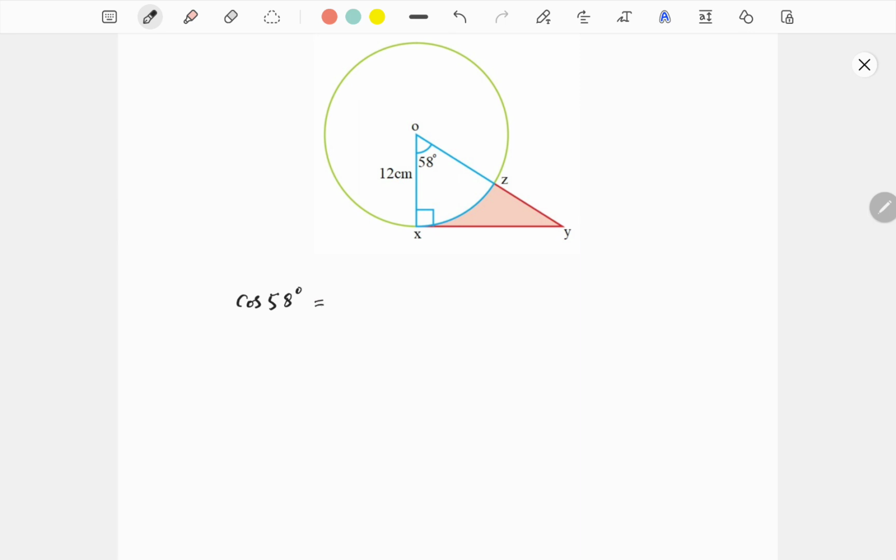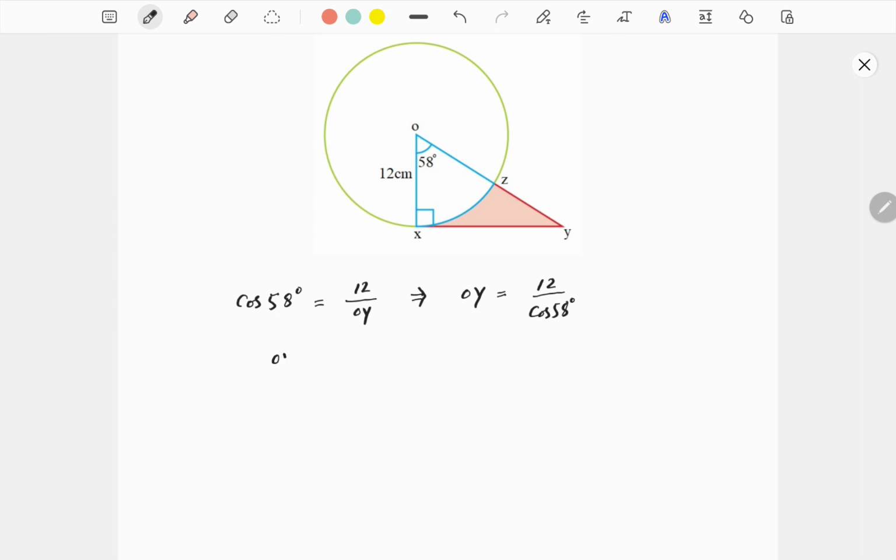Cos 58 degrees is equal to base divided by hypotenuse. The base OX is 12 centimeters, and OY is the hypotenuse. So from here we can find that OY is equal to 12 divided by cos 58 degrees.